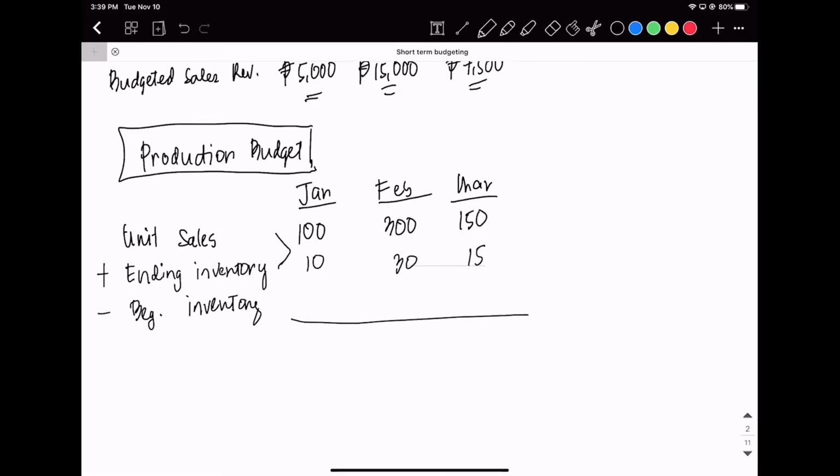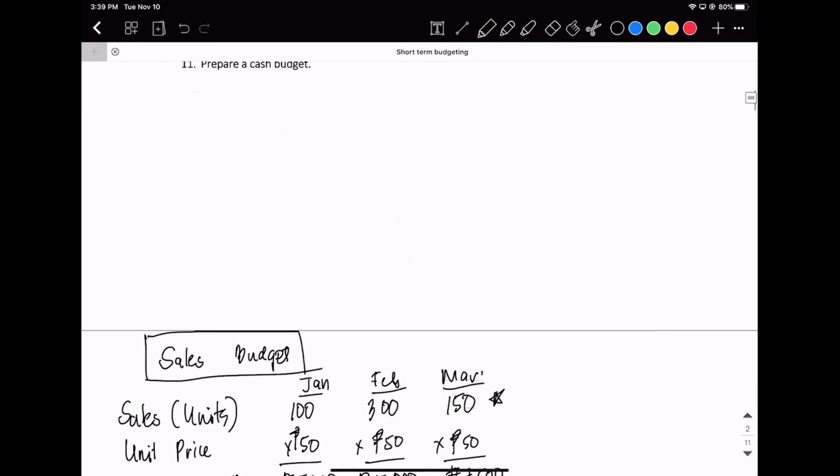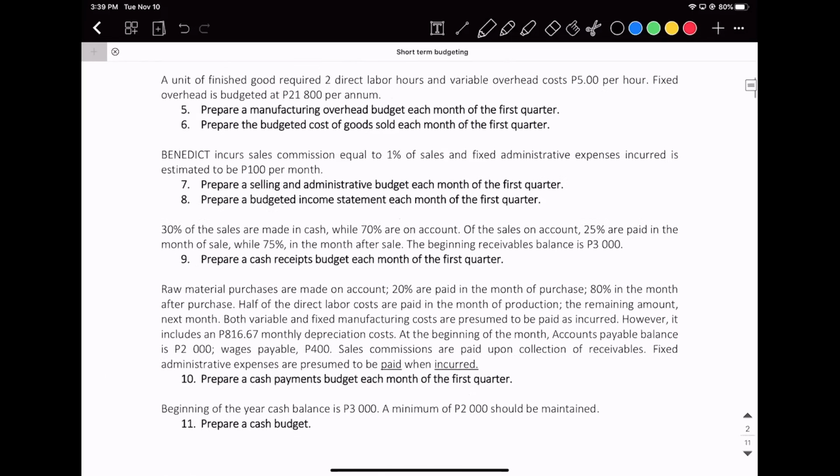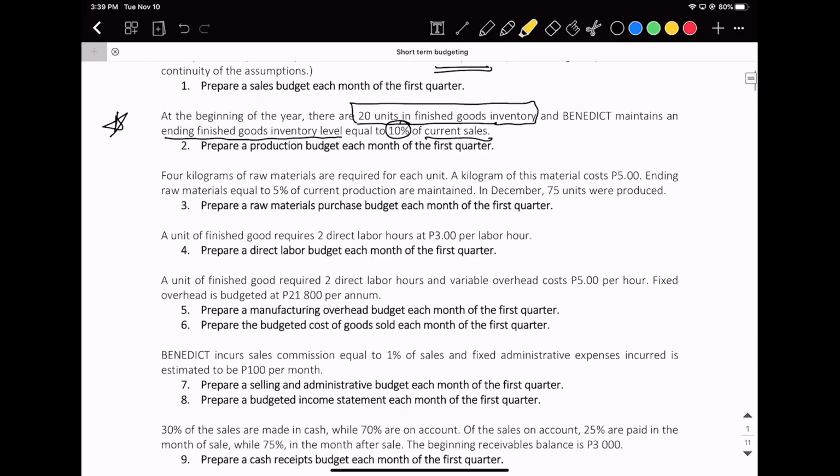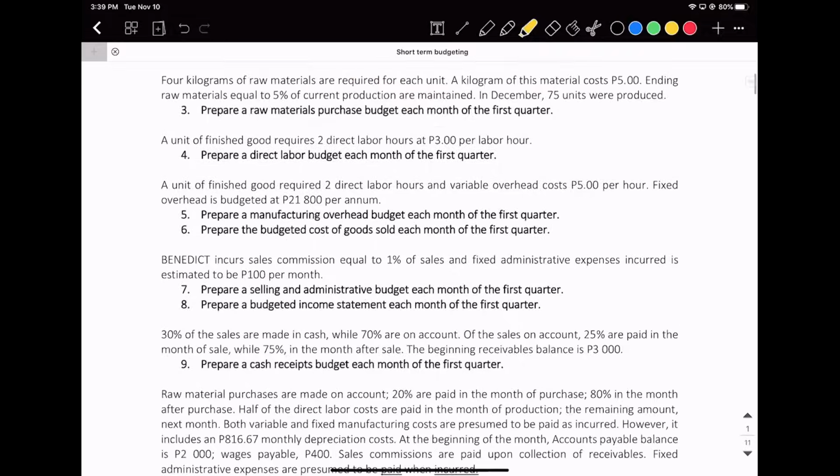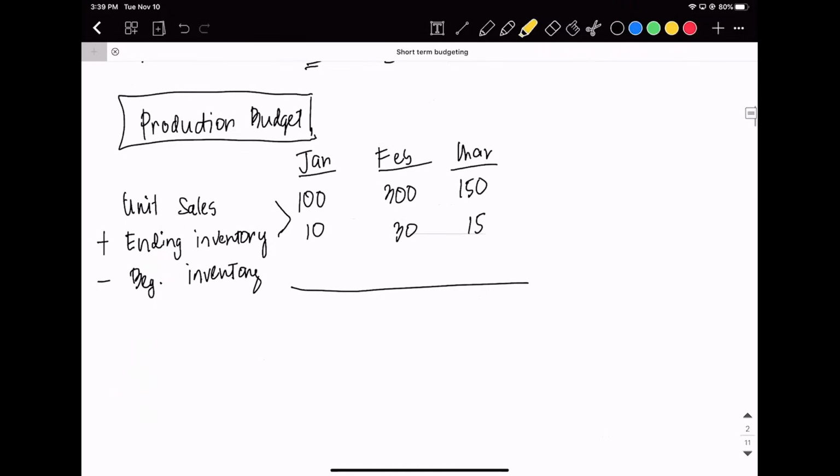Okay, ang beginning inventory natin ng January, sinabi kanina, no? Balikan natin. Ito, yan, 20 units, di ba? Nakalagay, 20 units in finished goods inventory. So, ayan yung ating beginning inventory ng January. So, this is 20. So, ibabawas mo yan. Now, what's the beginning inventory for the month of February?